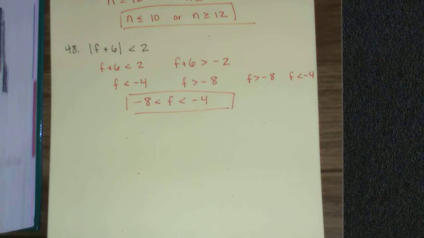Any questions about these ones? Do we need to see another one, or we think we're good? Everybody's good? Okay. So you have about 25 minutes, so let me give you your problems.